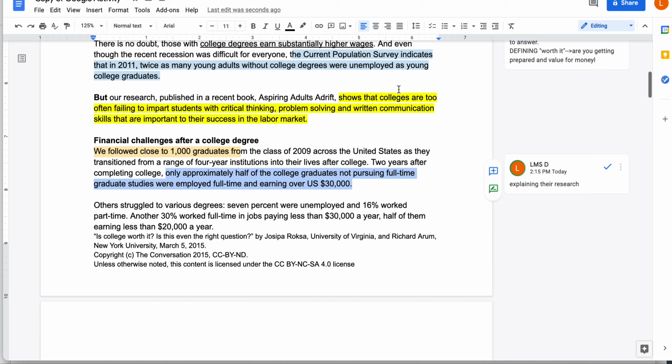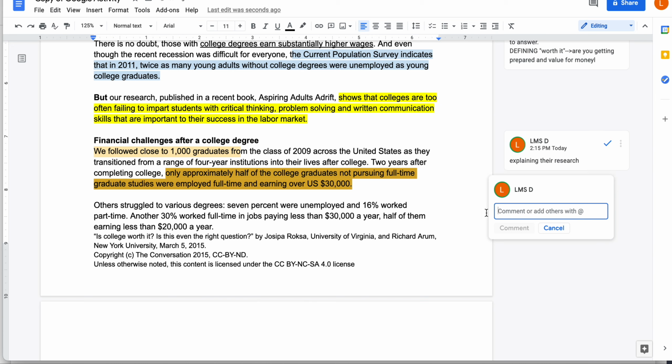So if the main idea is colleges are failing to impart students with critical thinking skills that are important for the job market, this could possibly be something that adds, but it's not specifically showing that they're not prepared, right? This shows that only half of college grads have work.